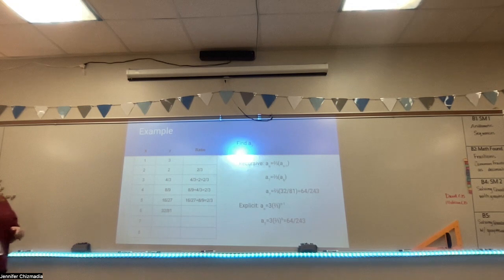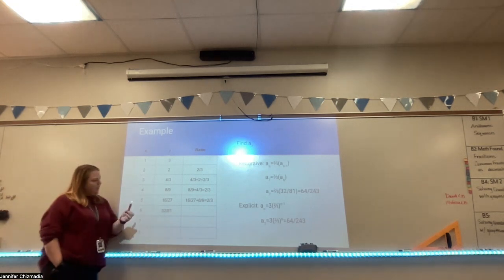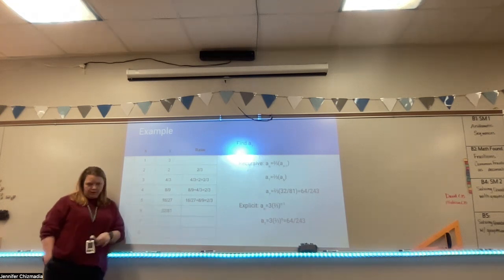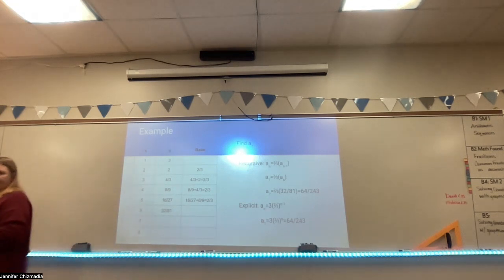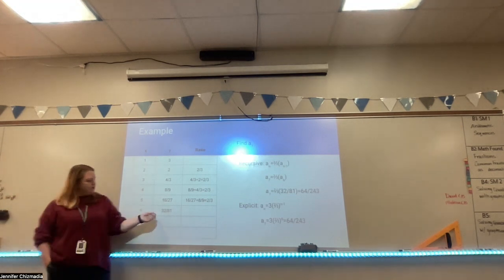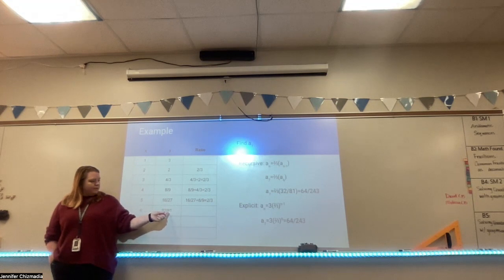How would we find the next number in our sequence? How did I find 32 over 81? The top got multiplied by 2.